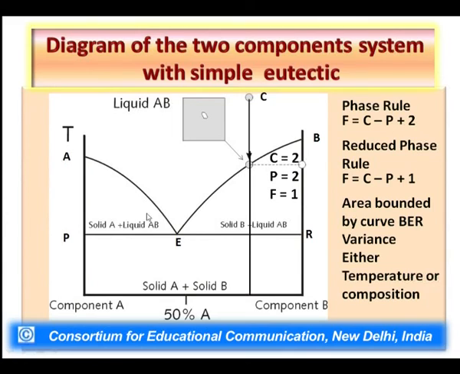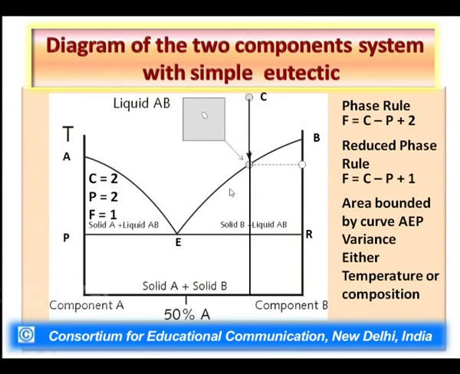Similarly, the area bounded by curve AEP also represents two different phases, where you have liquid melt or liquid mixture of A and B in equilibrium with solid A. So, it is very clear now that all the points above curve AEB represent liquid phase, therefore one phase equilibria, and any point below line PER represents two different solids, so this is two phase equilibria.